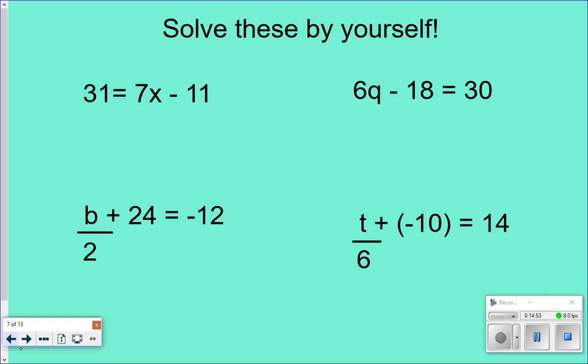They're not big. If you're multiplying. Yep, you're multiplying.